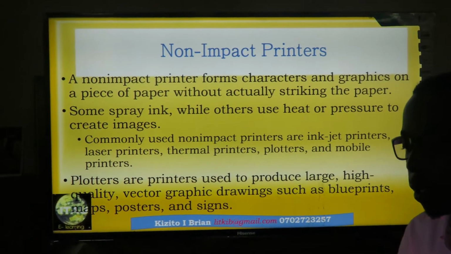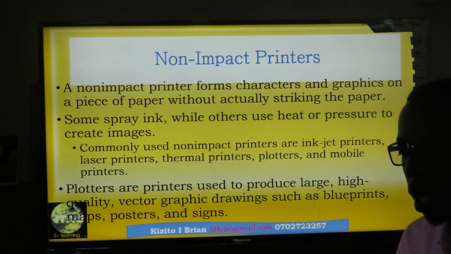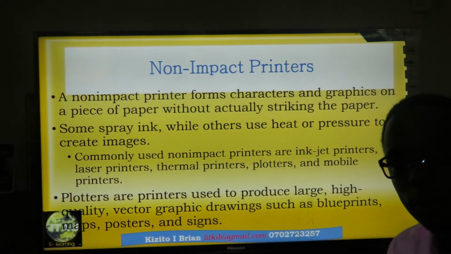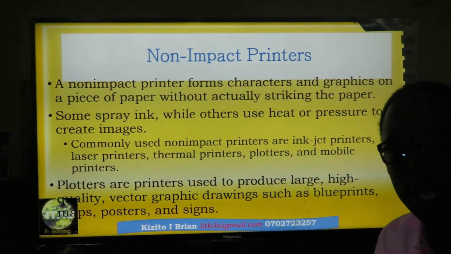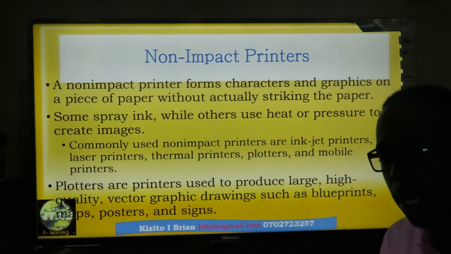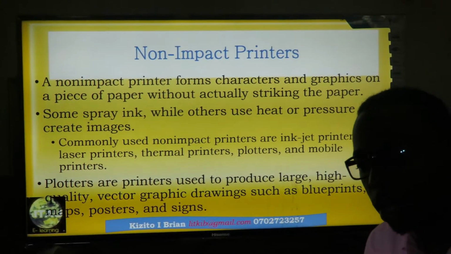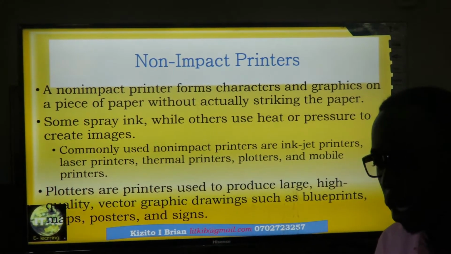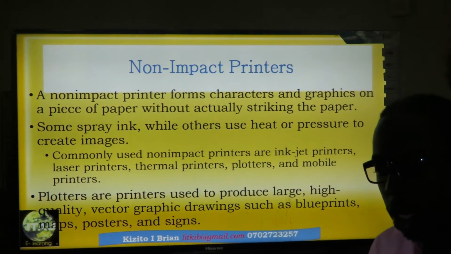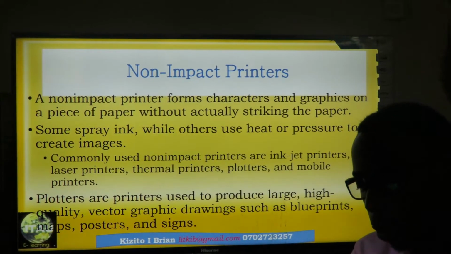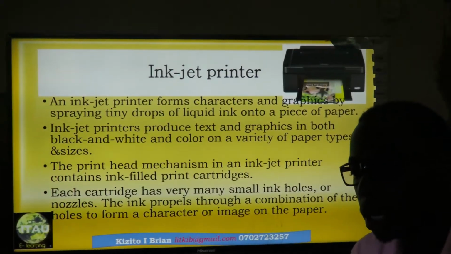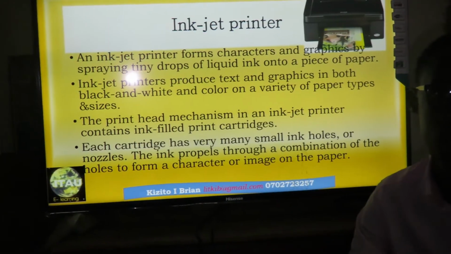Non-impact printers form characters or graphics on a piece of paper without actually striking the medium or the paper. Some use spraying of ink, while others use heat or pressure to create images on the paper. Examples of non-impact printers include laser jet printers.